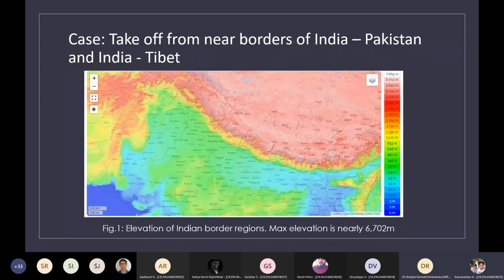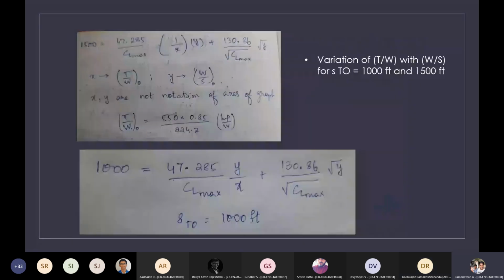Initially, I took 1,500 feet from the literature survey, but as sir has given now as 1,000 feet, I've done it for 1,000 feet.